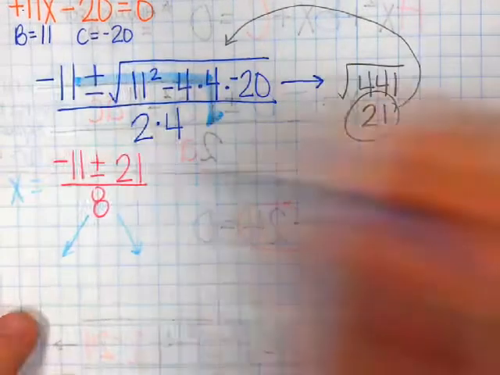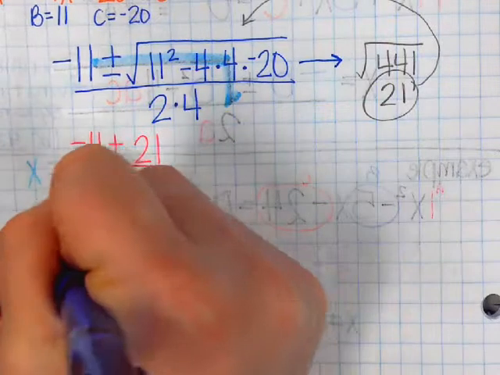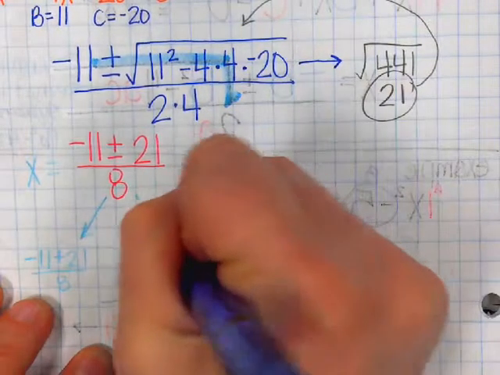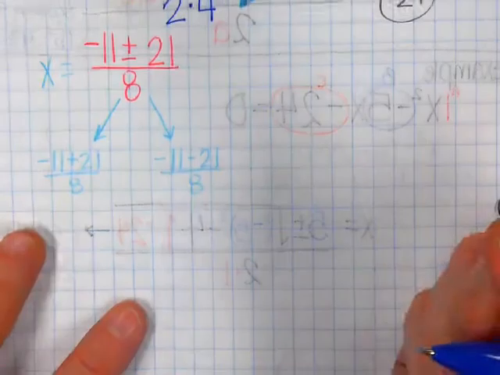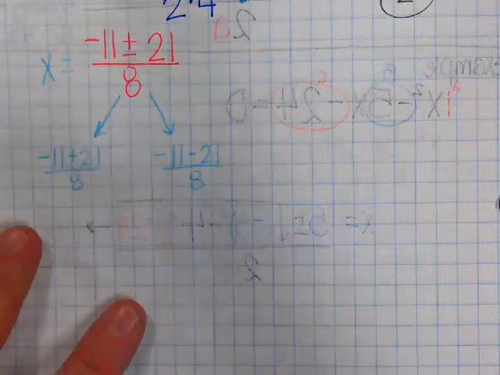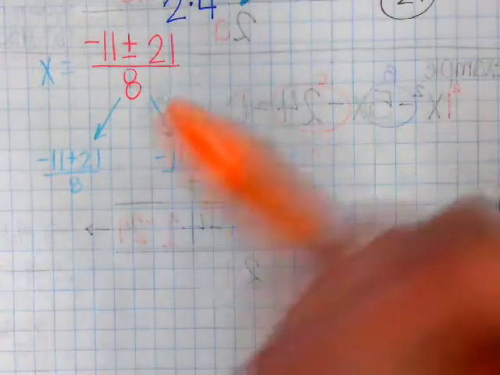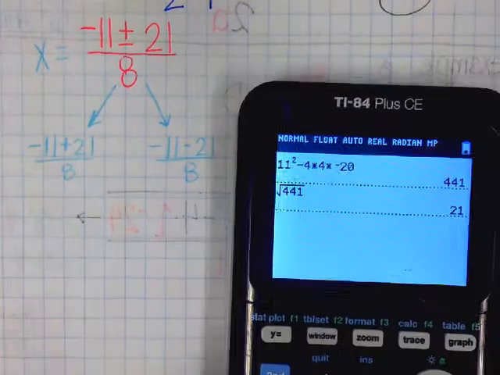Okay? Go and write both equations, and again it's x equals. So we have negative 11 plus 21 divided by 8, and negative 11 minus 21 divided by 8. Oops, sorry, that blue is hard to see. Let's see, maybe the orange will be better.